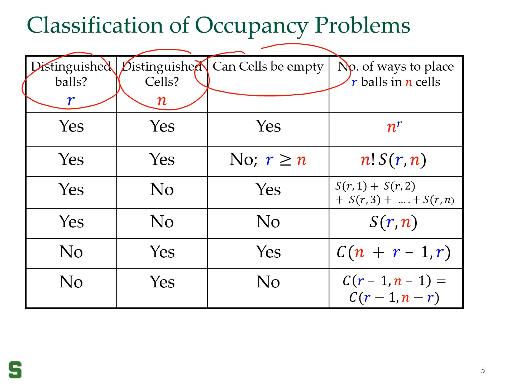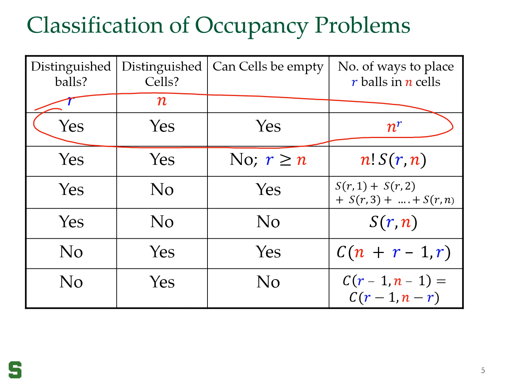And the last column gives you how many ways there are to place r balls in n cells. So the simplest case is the first one, in which each cell can be empty, the balls are distinguished, the cells are distinguished, and that means that for every ball you have n different choices. Taken together we have n to the power r.